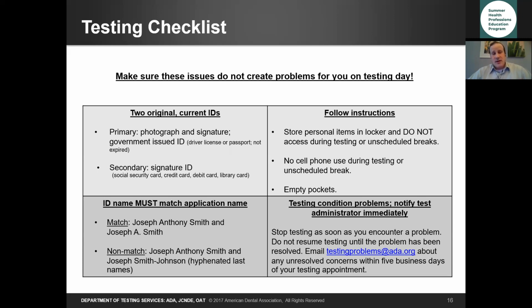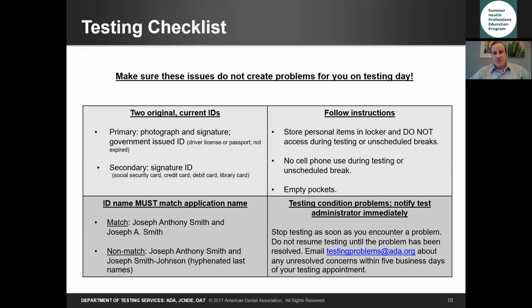Going into the bottom left, I would just note that the names that you put on your PIN when you're registering for your PIN have to match with the names on the IDs that you present at the test center. The IDs have to match both each other and your application, or you could run into some issues. The middle name is not as much of a concern. A middle initial versus a full middle name is considered matching.